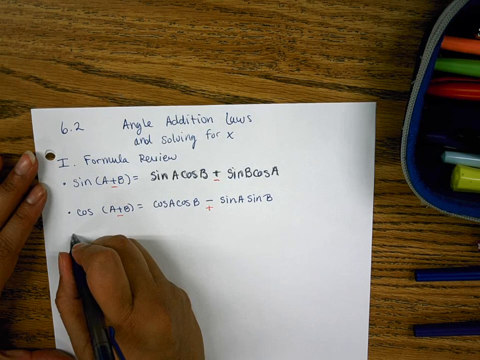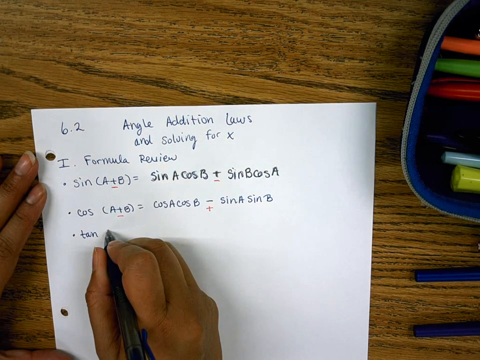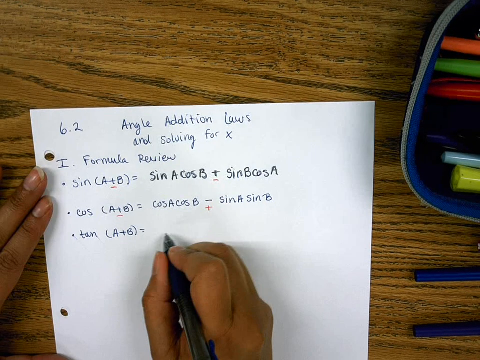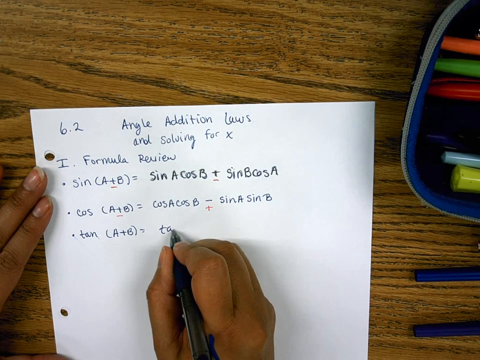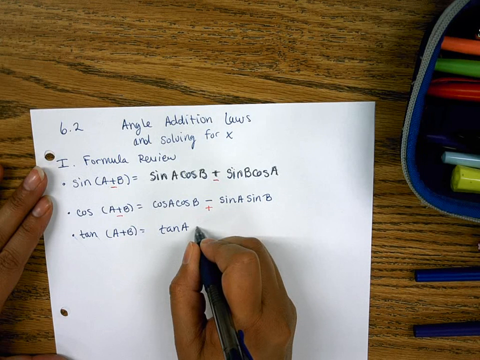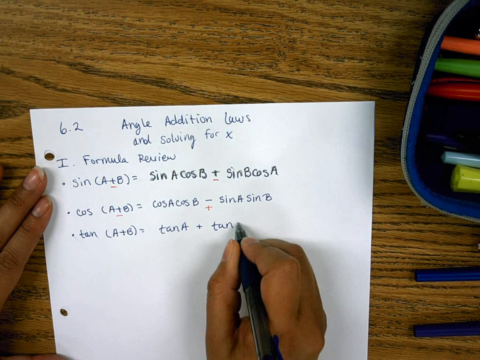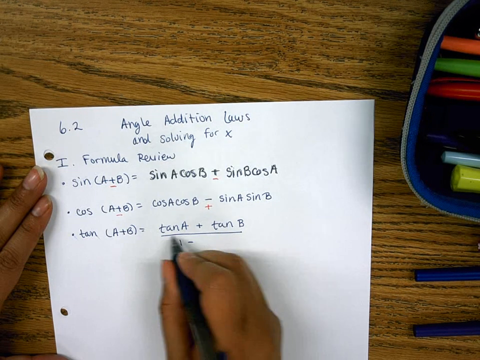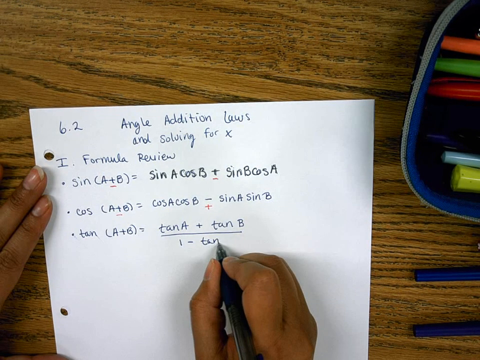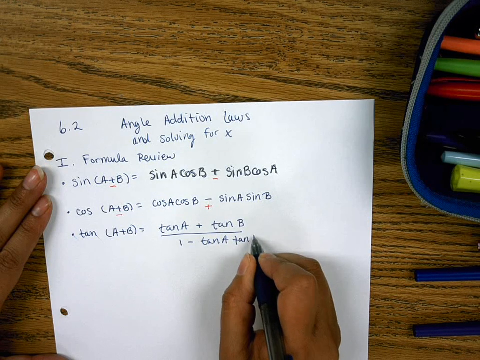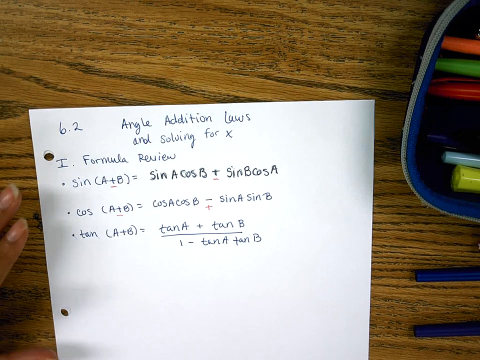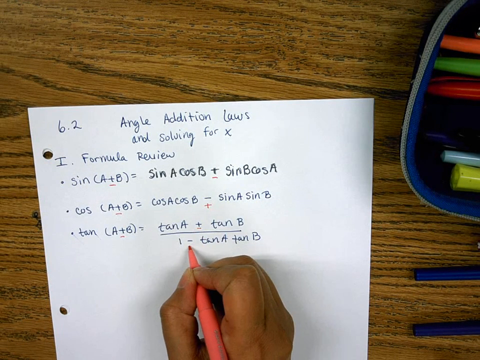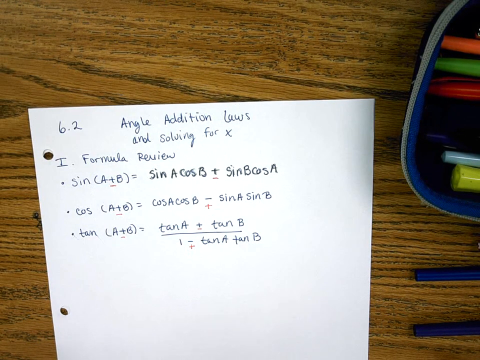Okay, and the last one is tangent. Tangent of A plus B equals, this is the fraction one, tan of A, if it's plus there, it's plus in the numerator, plus tangent of B, all over 1, and opposite is minus, the product of tan A and tan B. All right, changing it, if this was a minus sign, the numerator would be minus and the denominator would be positive.